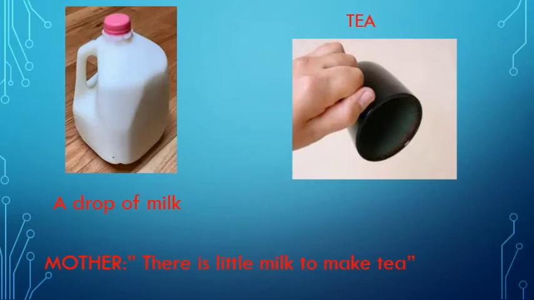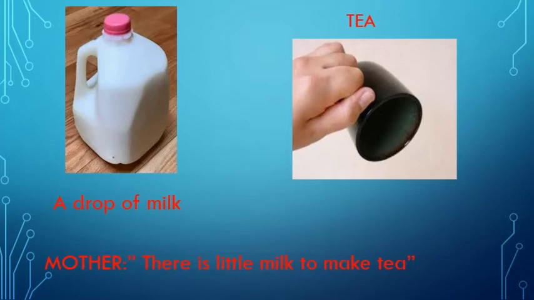Okay children, here I would like to give one more example with which you can understand in a better way how to use a little and the little. But before that, let's revise the meaning of these three. So the first one, little. What does it mean? It is almost zero, no. Second one is a little.